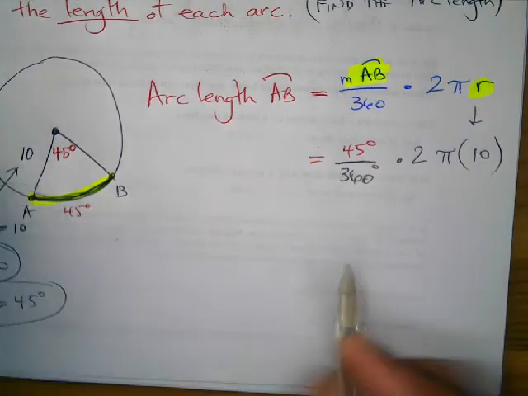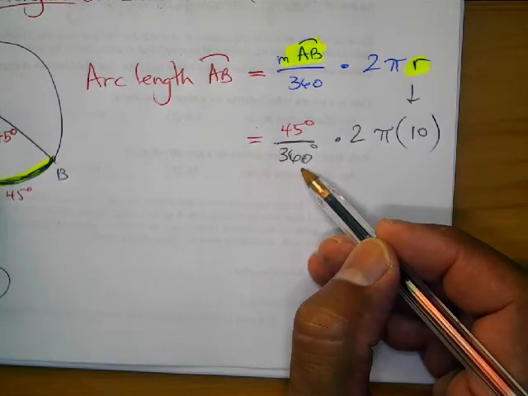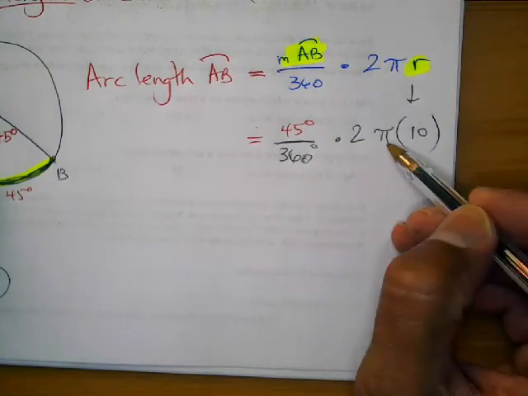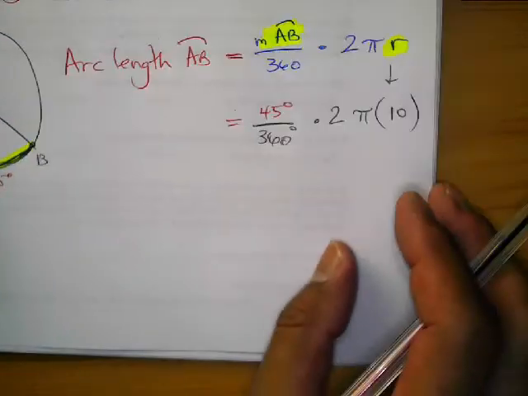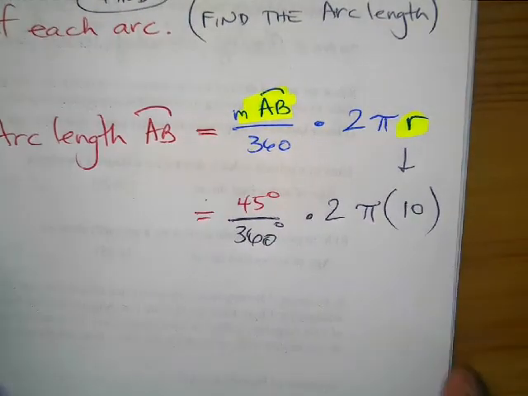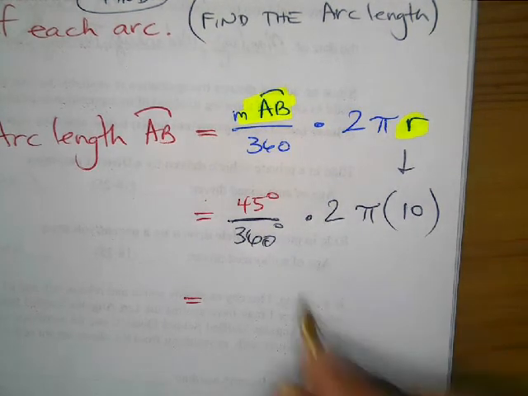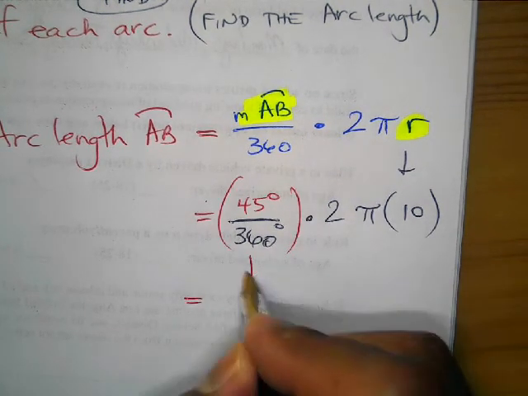That's all you need. They're going to give you both, the angle and the radius, and that's it. So it's just get the angle, whatever angle it is, divided by 360, and then times 2, and then times pi, and then the radius. Okay, and the rest is calculator work, but some people will still mess up right here, so let's do this carefully.